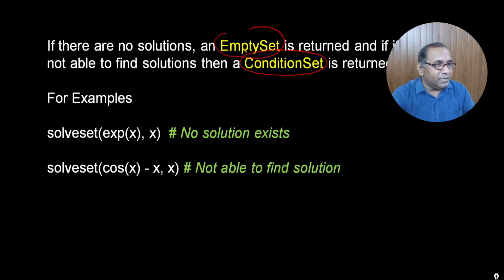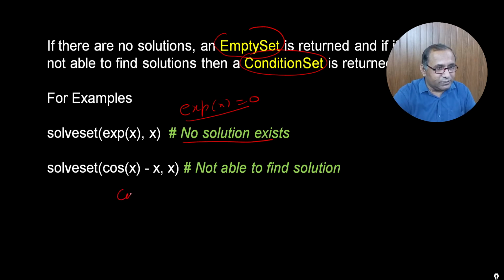For example, if we have the equation like exp of x is equal to 0, it has no solution, and if we have the equation cosine x minus x is equal to 0, this is not able to find the solution.